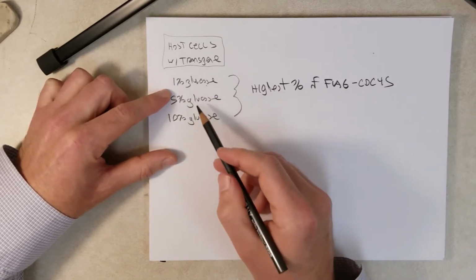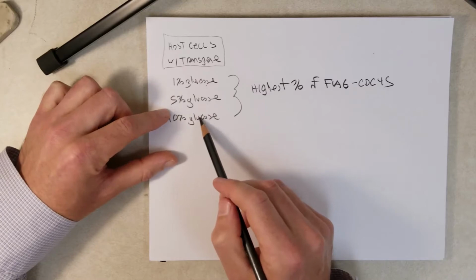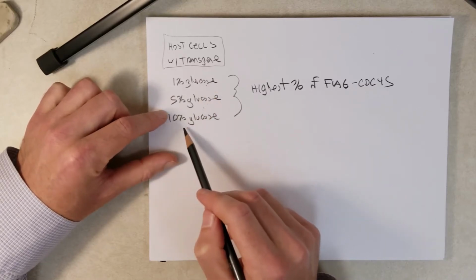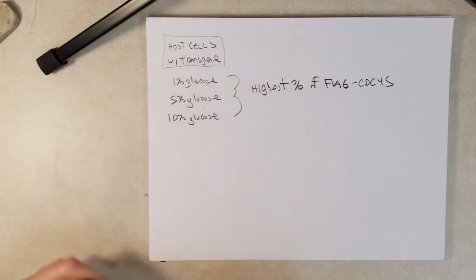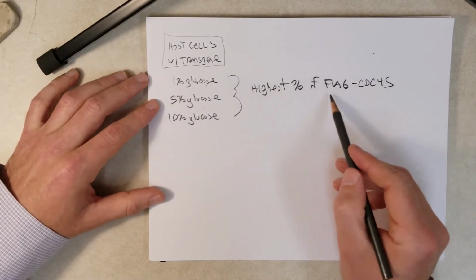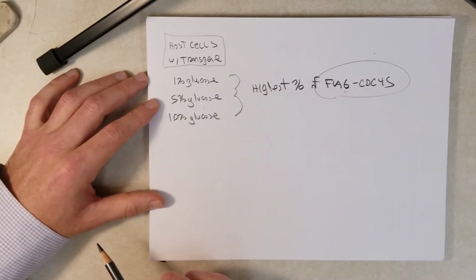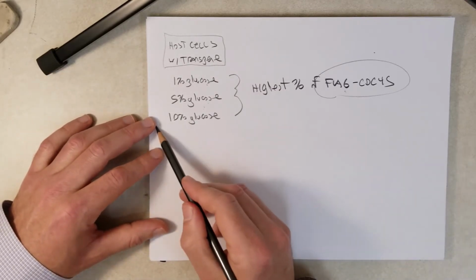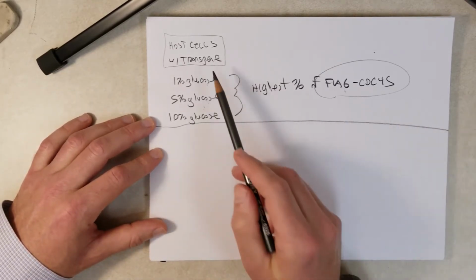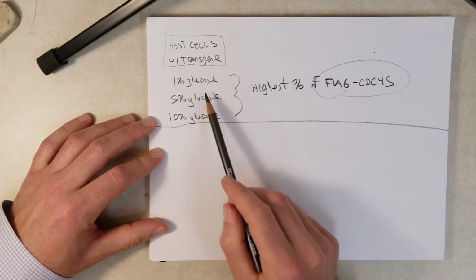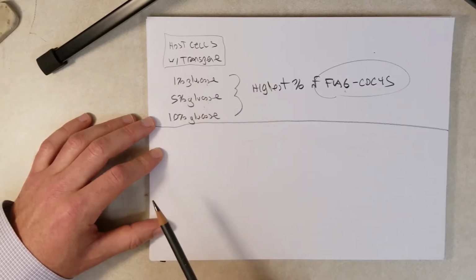Once we determine which one gives us the most, that's the one we're going to want to use to generate large cultures to get as much of this flag CDC45 protein as possible. So we could use a Western blot, probably most easily, to determine which of these conditions is best.